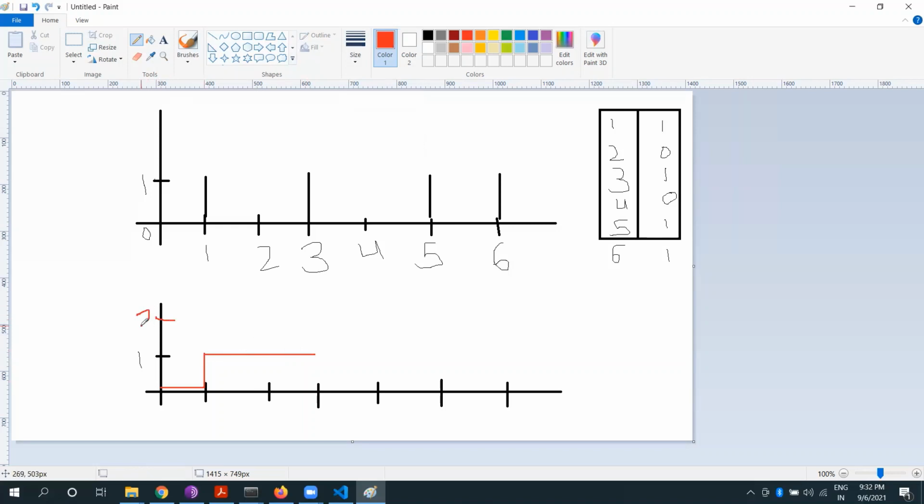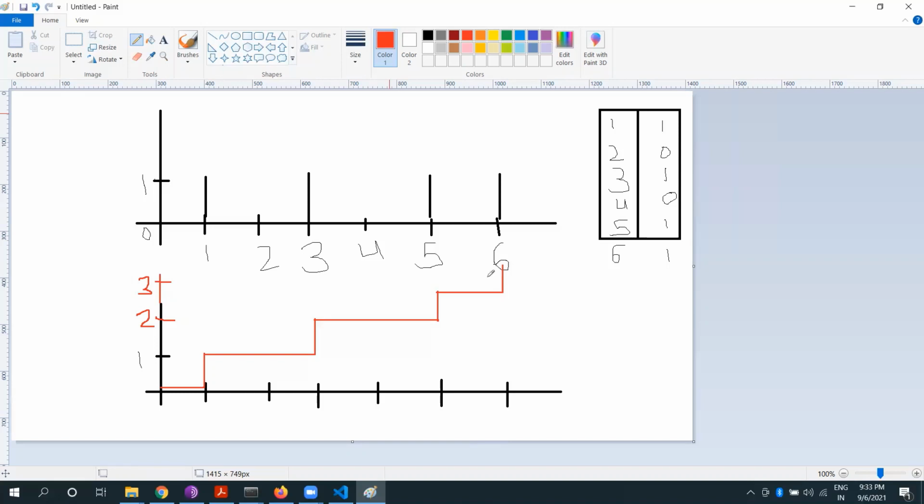Let's say this is 2. It will go on until here, and here it will increase to 3, and 3, and here it will increase to 4, something like this. All of the previous values have been added.